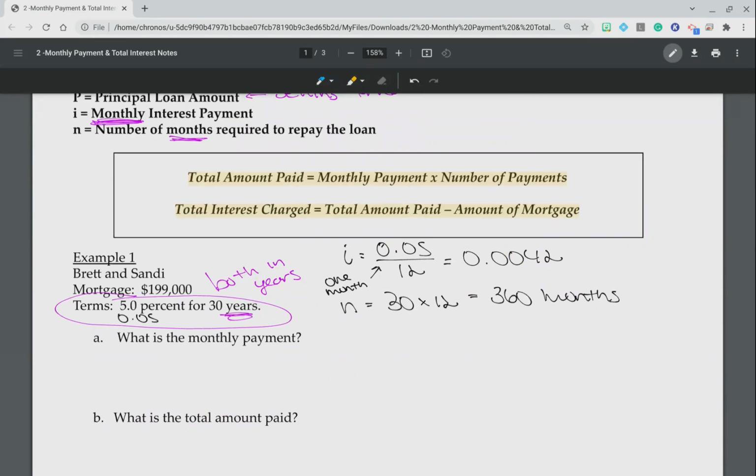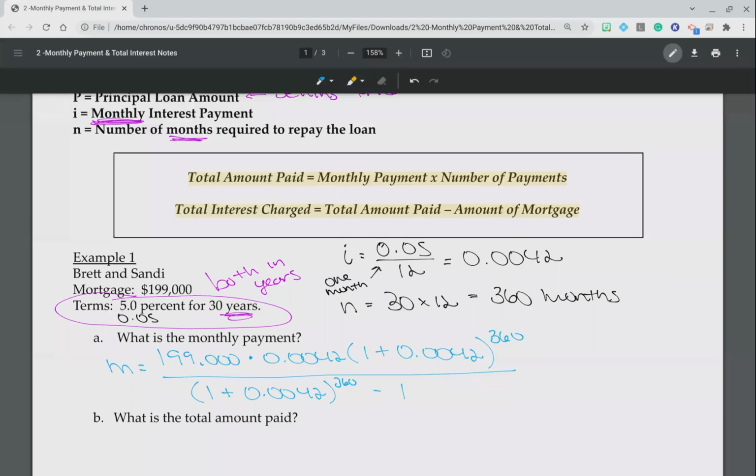So M equals my P, which is my selling price, times, actually I'll do this, I, which I said was 0.0042, parenthesis, 1 plus 0.0042 to the N power, which we said was 360, all divided by 1 plus 0.0042, again to the Nth power, minus 1.